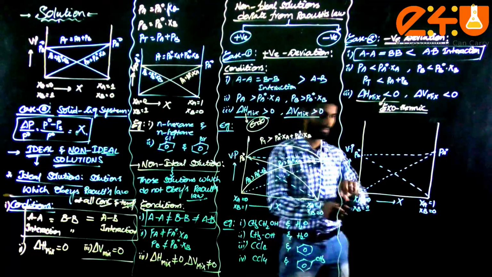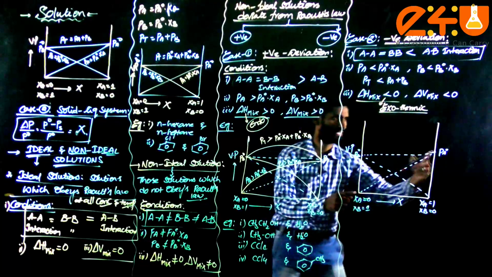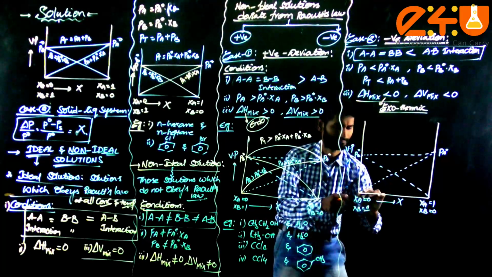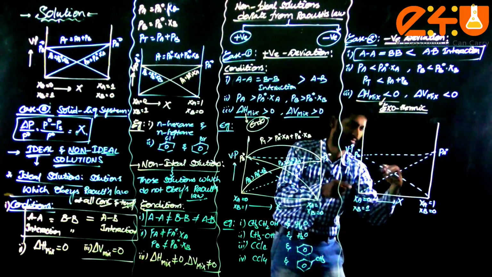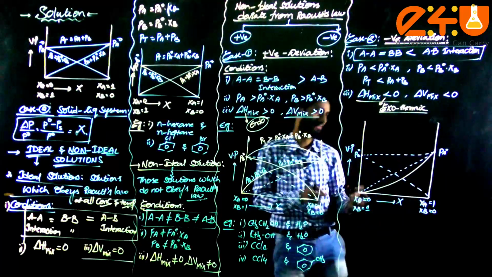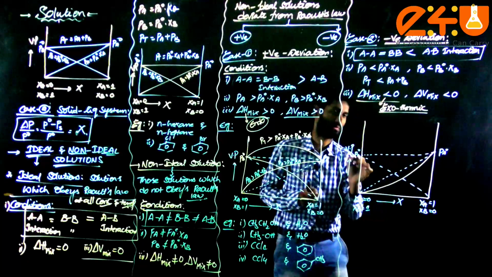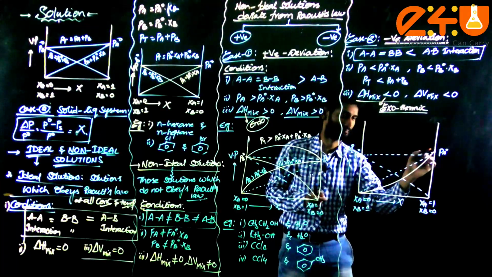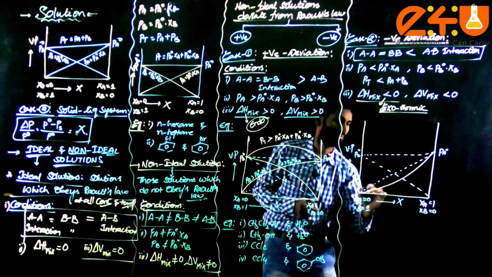Negative deviation, how will it come, dear students? The same thing. PA naught I am writing here. This one is the positive, increasing. This is negative, decreasing, or not, dear students?